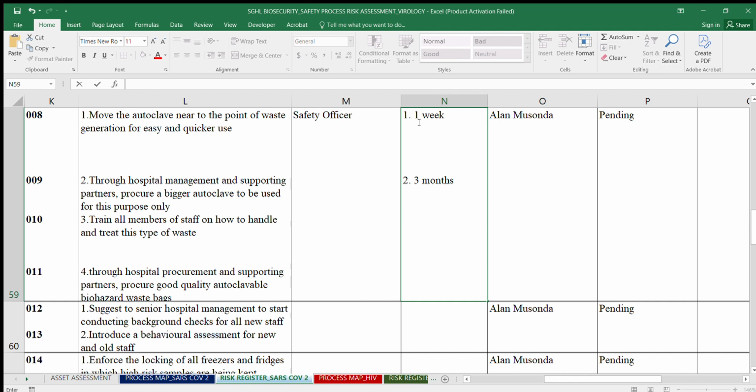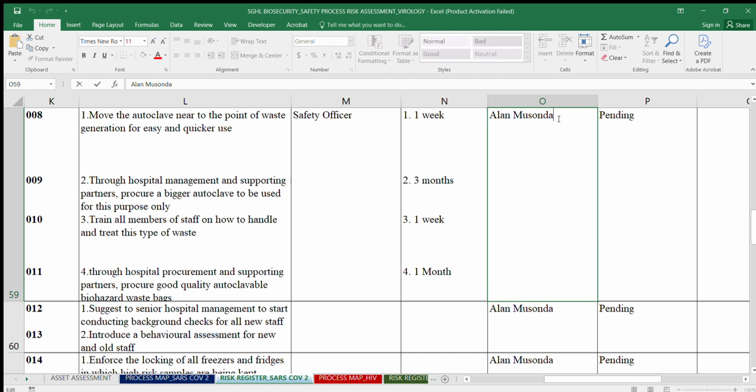Then for this one, where you need to train people on how to handle the waste, this is a low hanging fruit, so maybe 1 week is enough for that. You don't need a longer time frame to just train people. Then maybe for procurement of the waste bags, you may need a month to just sort out your issues and buy these waste bags.